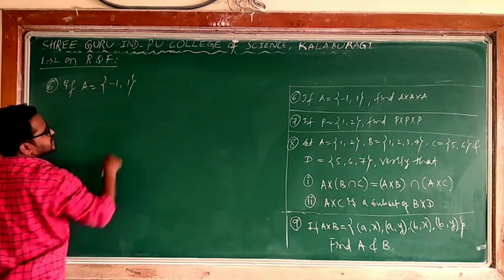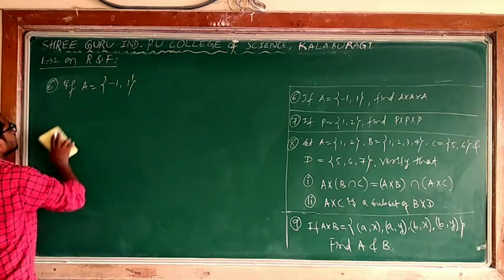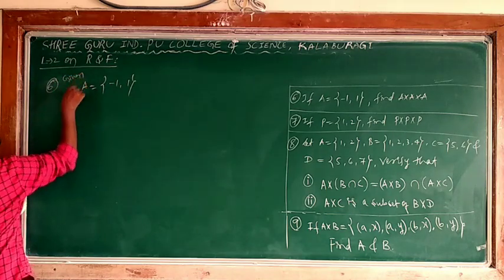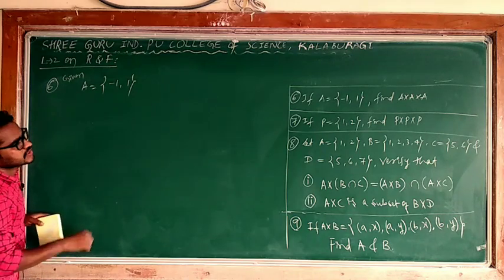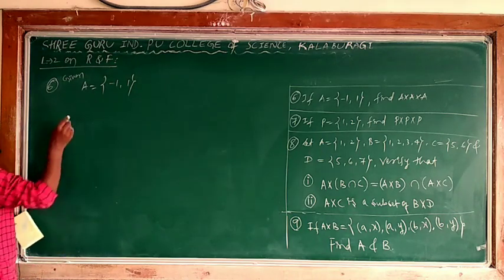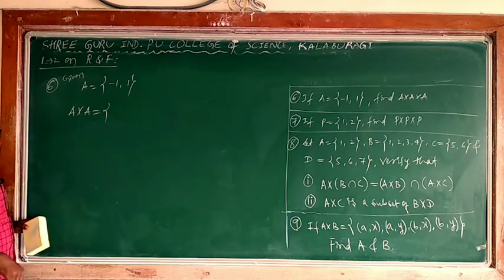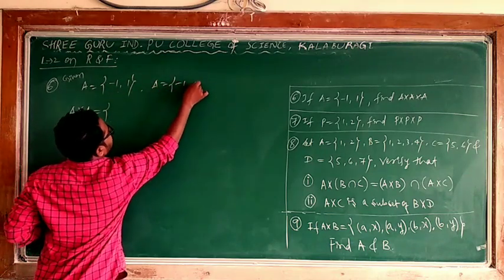What is asked? Find A cross A. Given a set A, using this we have to find A cross A. I need to find A cross A first. A cross A means I can write A itself, once again {-1, +1}.